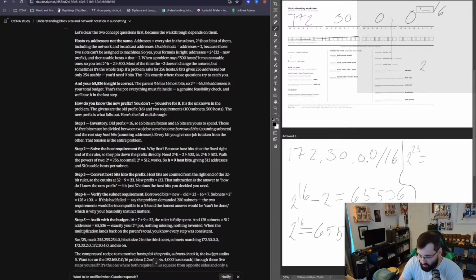We use the formula in order to figure out where we needed to figure out the new CIDR.